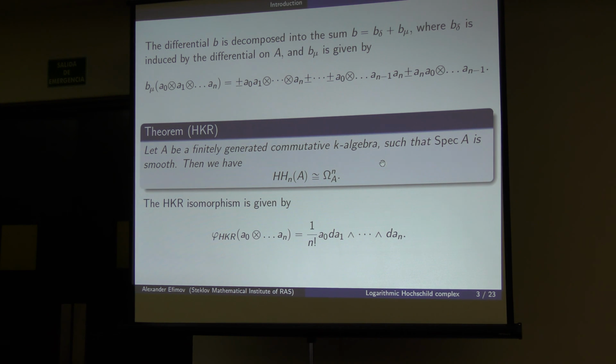And moreover, you can give this isomorphism by an explicit formula. Here I'm restricting to the characteristic zero case. I just don't want at the moment to discuss the characteristic p issues. This isomorphism is given by a0 tensor and so on an goes to 1 over n factorial of the corresponding differential form.